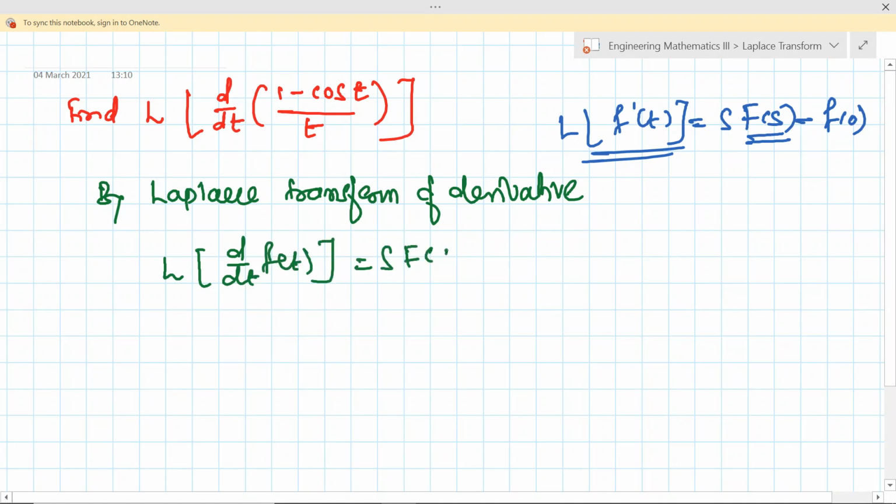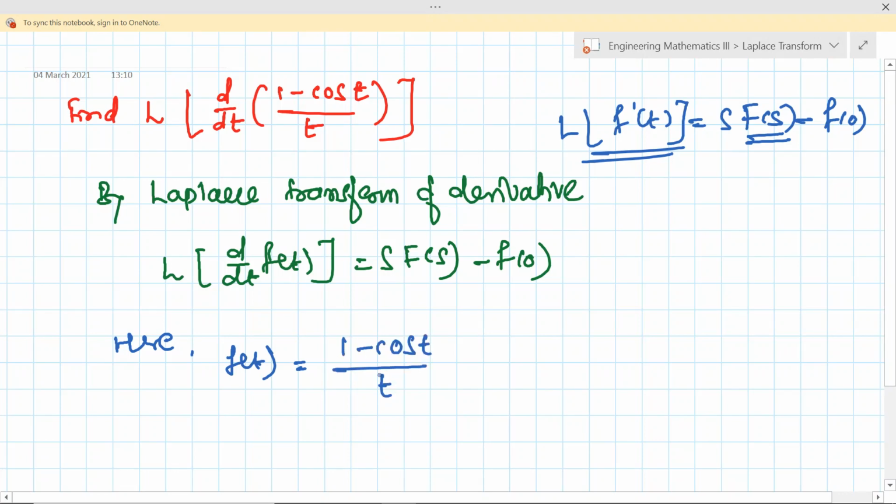This is nothing but s F of s minus f of 0. Okay, and what is your f of t here? So here f of t is equal to this bracket (1 minus cos t) divided by t.